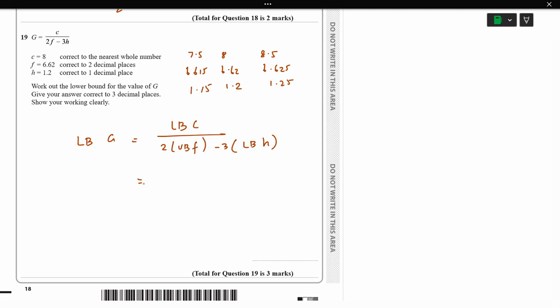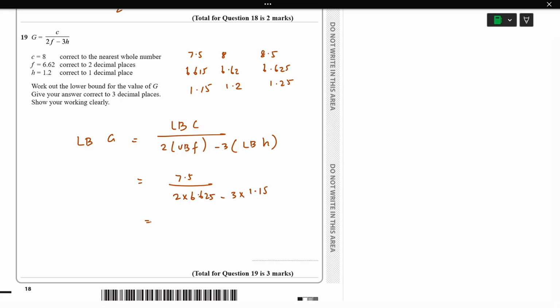Now we substitute the values. The lower bound of C is 7.5 over 2 times the upper bound of F, which is 6.625, minus 3 into the lower bound of H, which is 1.15.